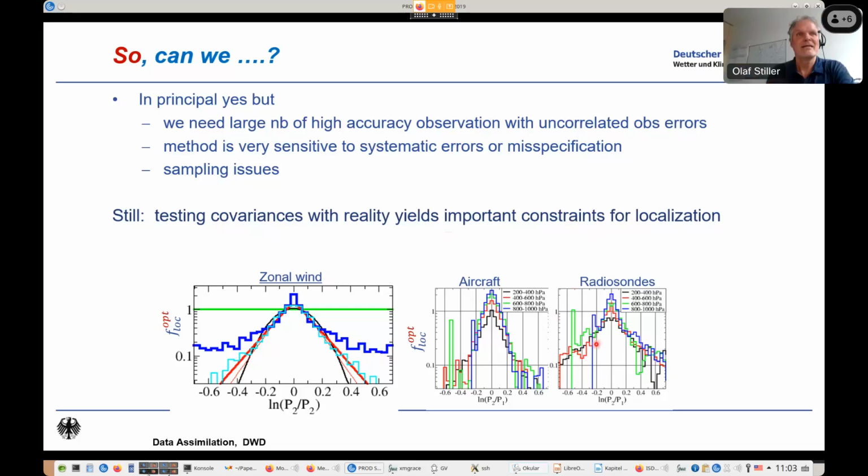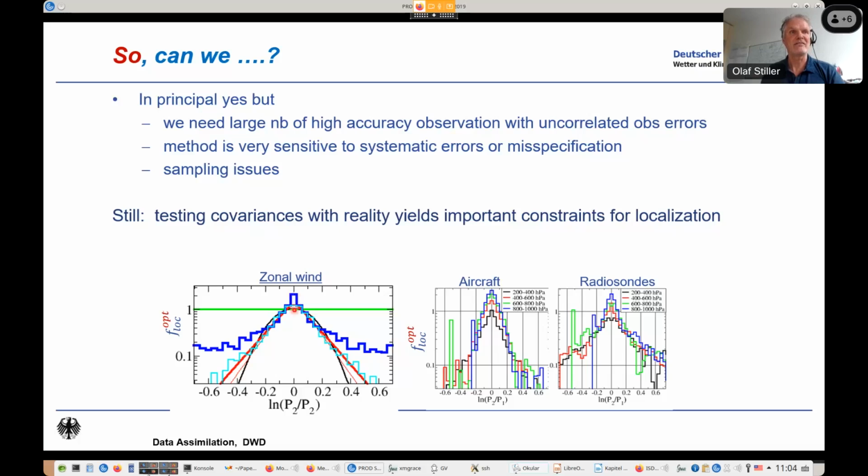Yeah, I think it's a difficult one because the spread, as you see here at small distances, they all disagree quite badly. Here, one would be if there was no inflation needed. But I believe it's the scale issue that you have point observations and they are not representative for the whole grid box. So when observations are far away in the grid box or close to each other in the grid box, you expect that they vary if there are variations across the grid box.